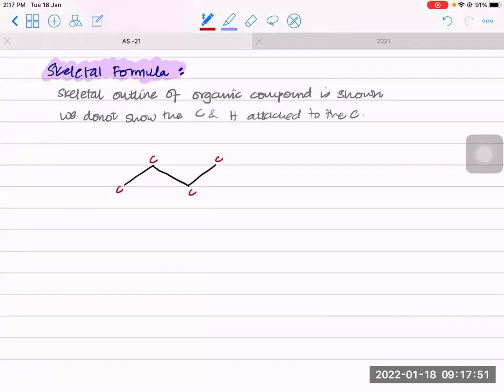Now this has 1 bond, so the second, third, and fourth would be a hydrogen. This has 2 bonds, so the third and the fourth would be a hydrogen. This has 2 bonds, so the third and the fourth would be a hydrogen. This has 1 bond, so the second, third, and fourth would be a hydrogen. But you don't show the hydrogen, neither do you show the carbons.